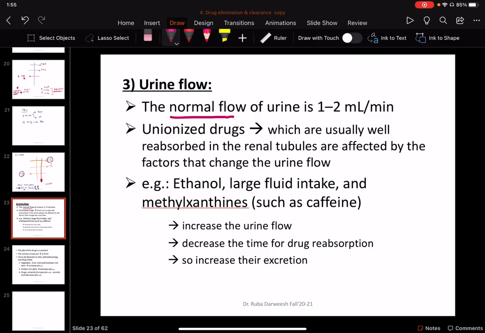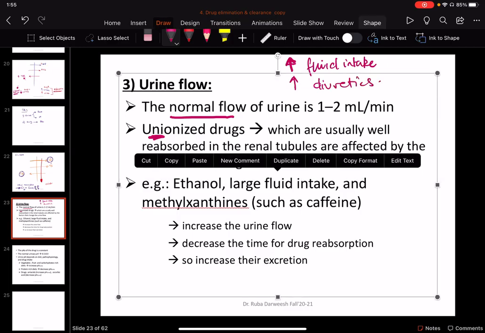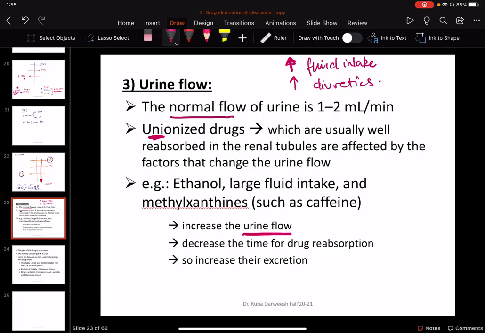Even if we are talking about unionized drug, which should preferably pass through membranes in passive processes, if we have more fluid intake, which we mentioned before as a factor that affects renal excretion, or we are taking drugs such as diuretics, this would increase the flow. If the flow increases, there is less time for the drug to be reabsorbed, so this would increase the excretion.